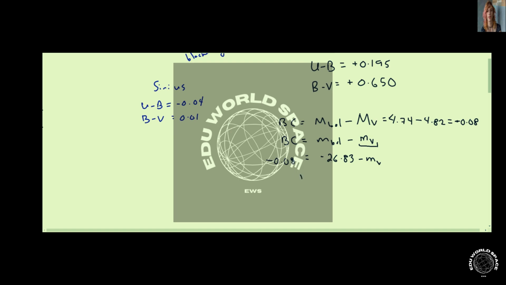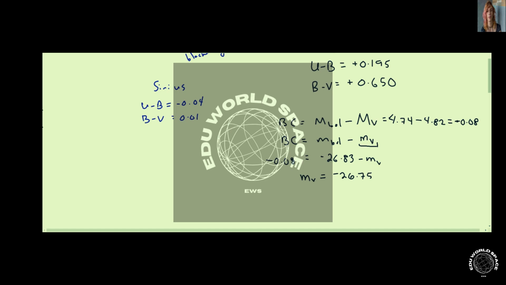So solving for that, the apparent visual magnitude, which means the apparent magnitude of the sun seen from Earth, is minus 26.75. Yep, not much different.